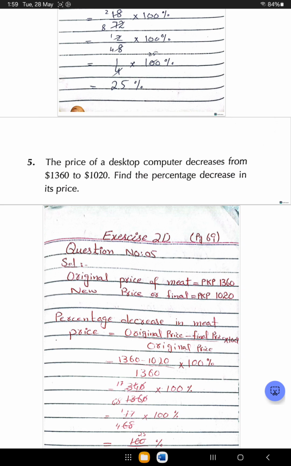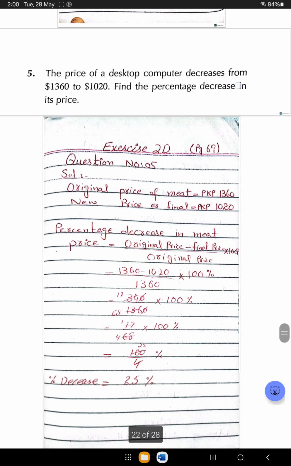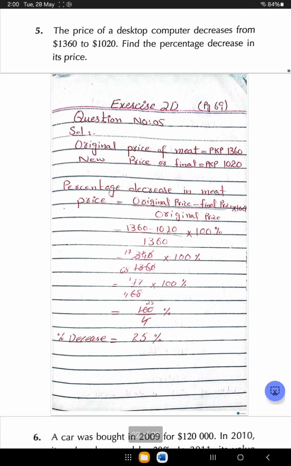The original price of the computer is $1,360. The new or final price is $1,020.